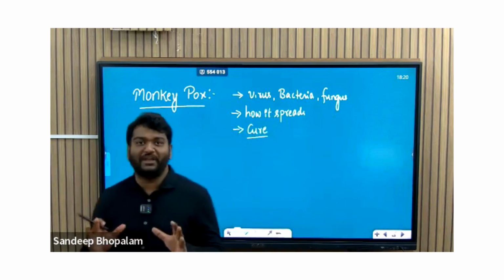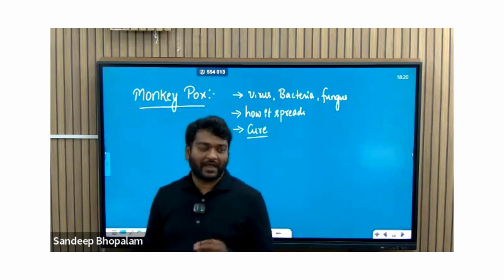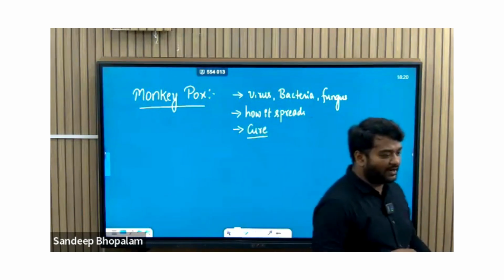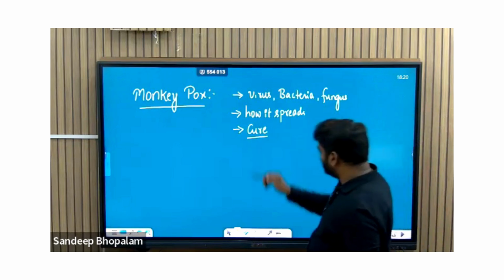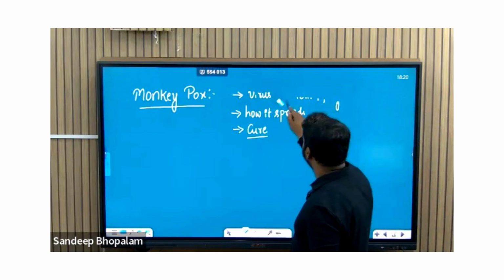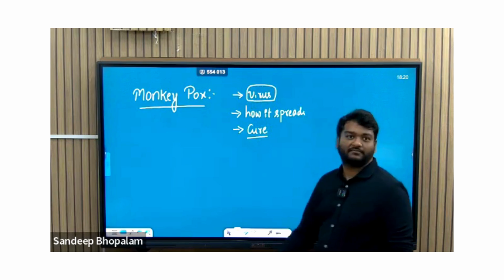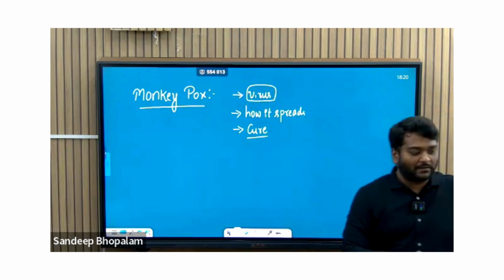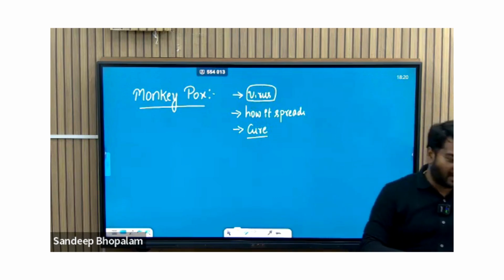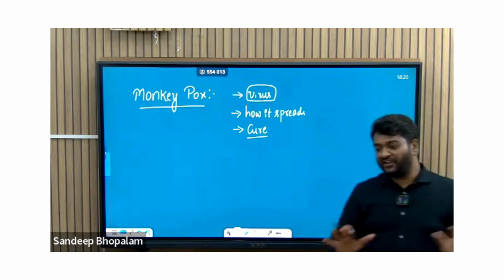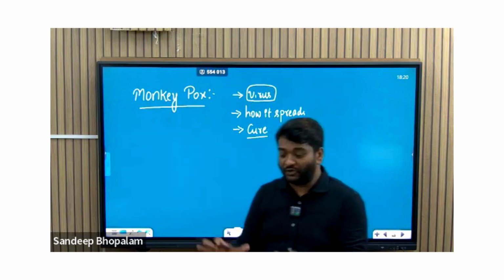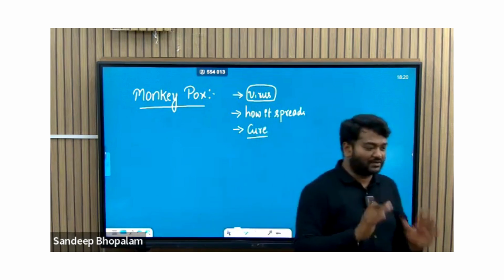So information is provided. See, guys, I don't want to make it a purely factual class. I'll give some information that is required. So monkeypox is caused by a virus called monkeypox. It spreads through people, mainly through close contact. Even if a person touches a surface and you touch that surface, you will get monkeypox.